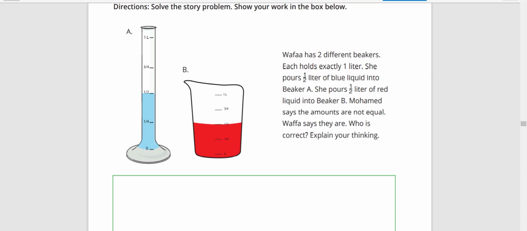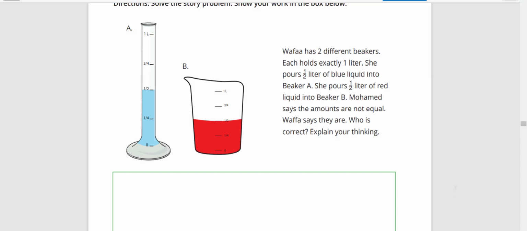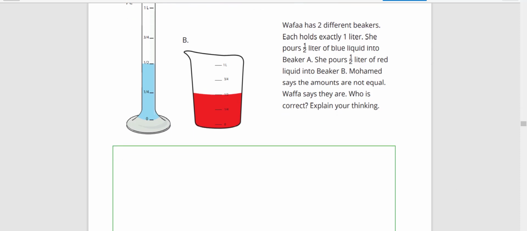Here the two beakers each hold 1 liter, and each liquid reaches to half.